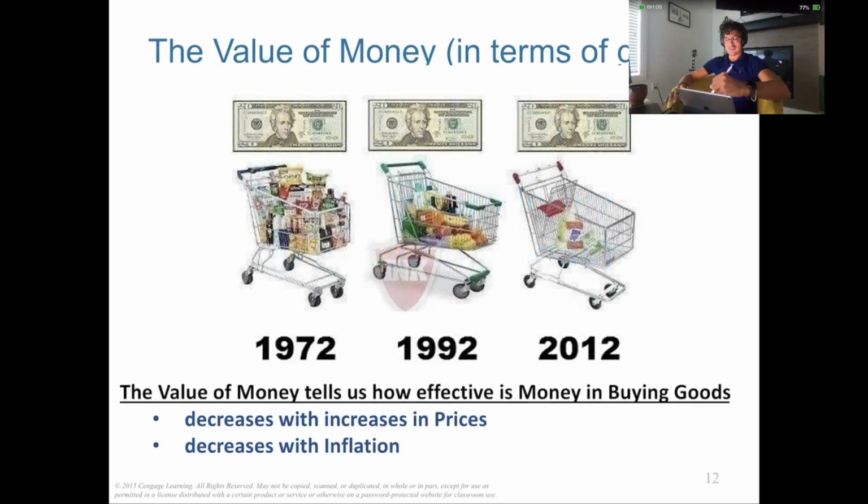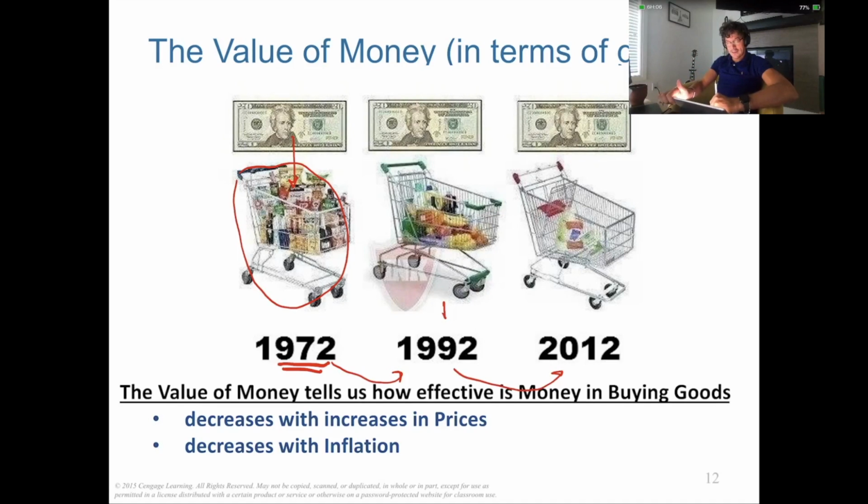And again, let's suppose that in 1972, with $20, you could buy these amounts of goods. This one will be the value of money in 1972. Now, if there is inflation, which means there is more and more money going around the economy, then this money will start buying less of the goods. So over time, the value of money goes down in presence of inflation.